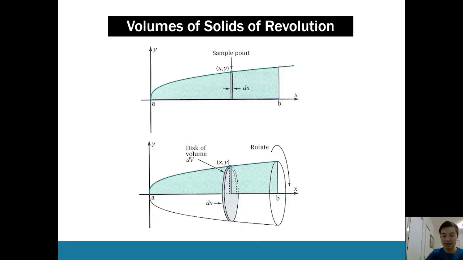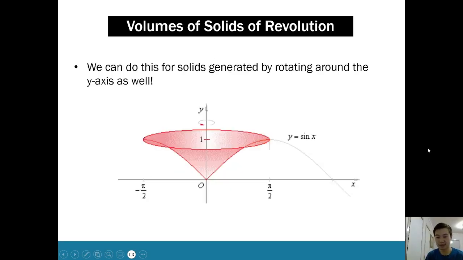Just make sure you understand that it's because the radius of this disc is whatever the y value is, and we know the area of a circle is pi r squared, so the area of that circle is pi y squared, because y is the radius. Therefore when we integrate these super thin discs, we get the integral from a to b of pi y squared.